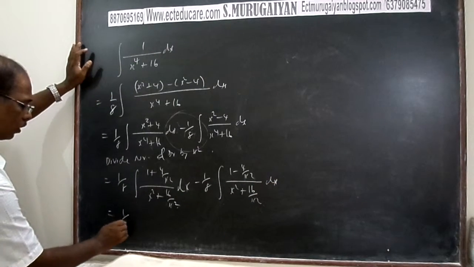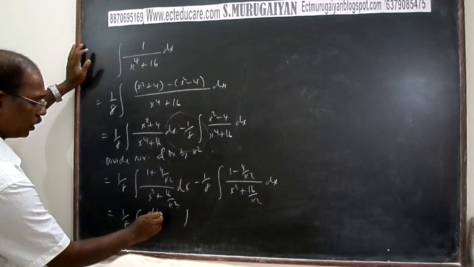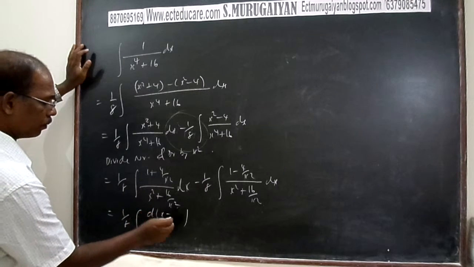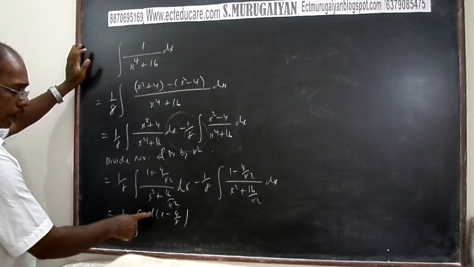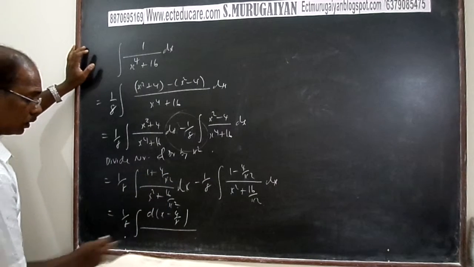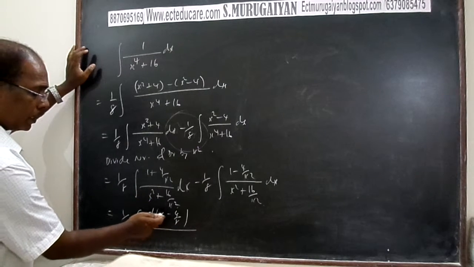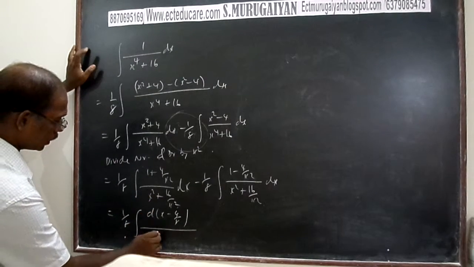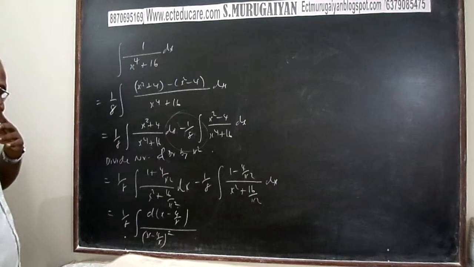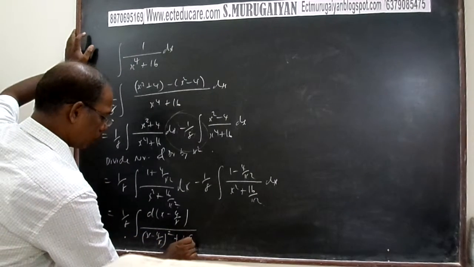Now as usual, 1 by 8, write the numerator as a derivative: integral of 1 is x, derivative of x is 1, and here minus 4 by x, so the derivative of minus 4 by x is plus 4 by x square. At the same time, this is a new variable for the first integrand. So the denominator should be written in terms of x minus 4 by x, the whole square, plus 8, that is plus 2 root of 2 the whole square.